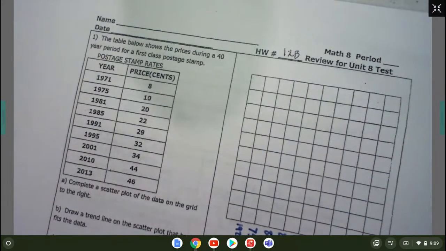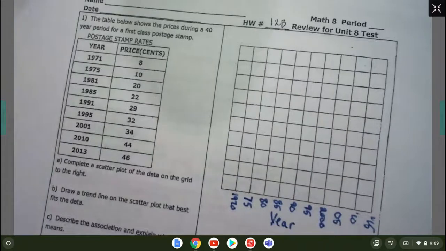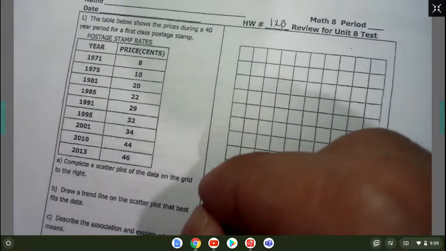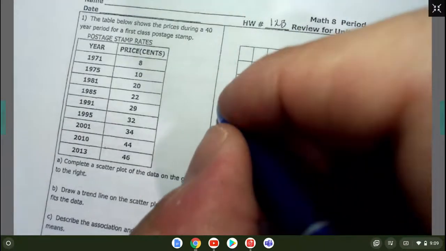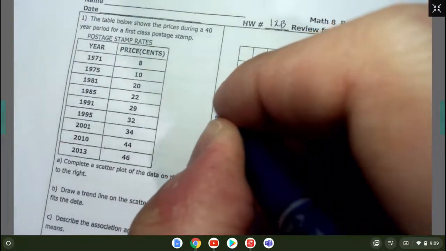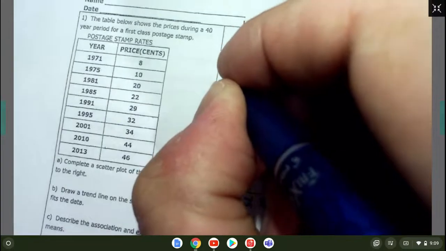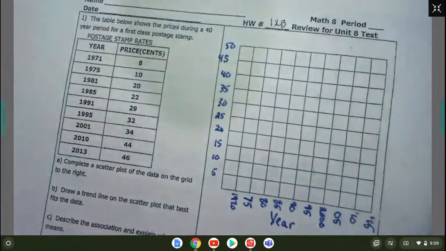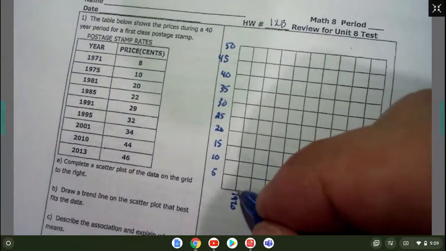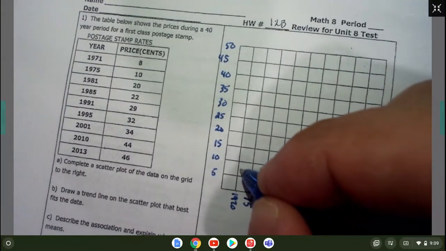All right, kind of on years by fives. And I'm going to count by fives here on the cents as well. So 5 cents, 10 cents, 15, 20, 25, 30, 35, 40, 45, and 50 cents. All right, so 1971, right around here we had 8 cents.